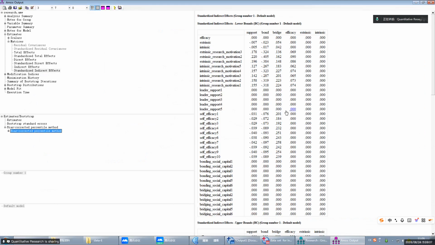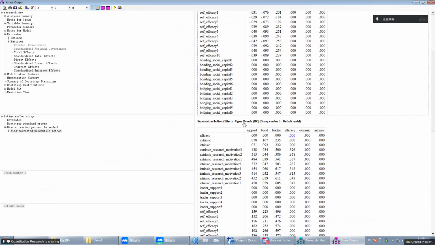We have lower bounds and upper bounds. So you have to be clear: confidence intervals are a range. There is a lower bound and an upper bound.